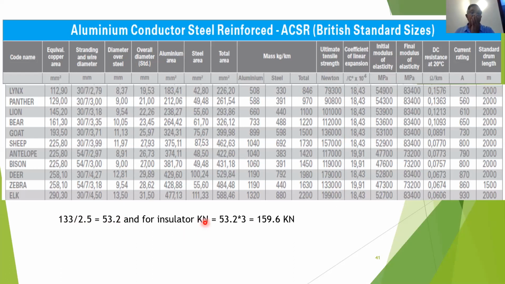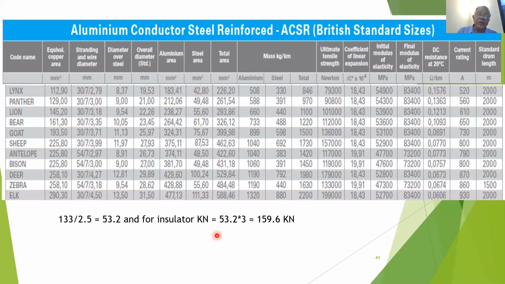So we'll see now how these are getting connected in the next 2-3 slides. So for the insulator, actually you have to get 159 kilonewton according to the specified safety factors.